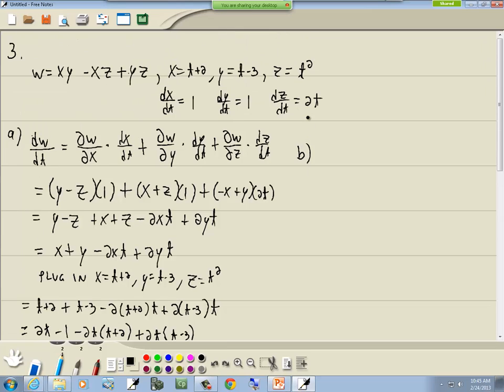So part B. We got w is equal to xy minus xz plus yz. And we'll plug in x is equal to t plus 2, y is equal to t minus 3, and z is equal to t squared. Let's try that again.